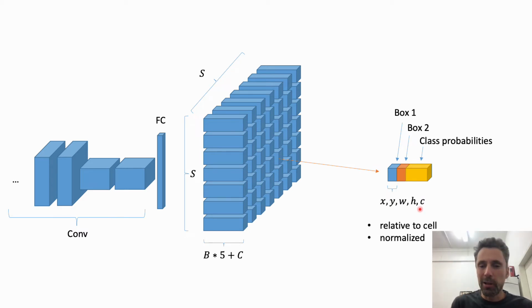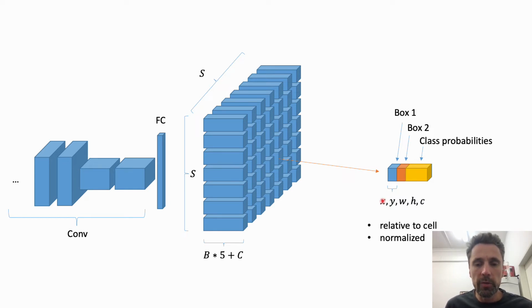So that grid cell and that bounding box detector, so that blue part here, can encode its confidence about whether there is an object or not, as can the second bounding box detector, represented by the next set of 5 numbers. And then what type of object that is is encoded in that last part. So those are the class probabilities here.